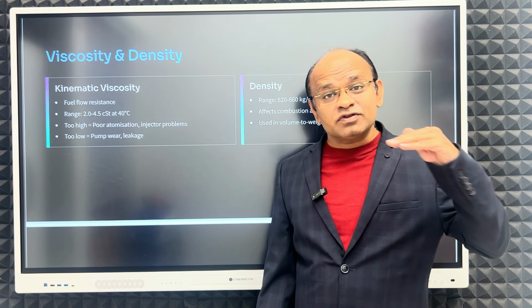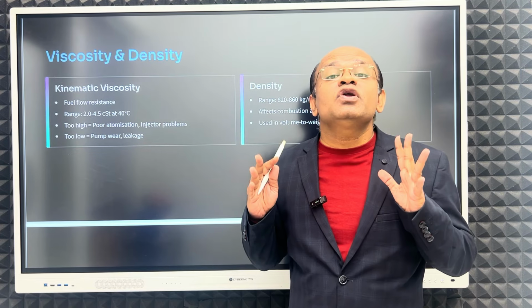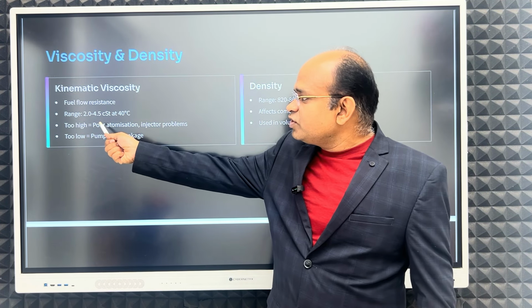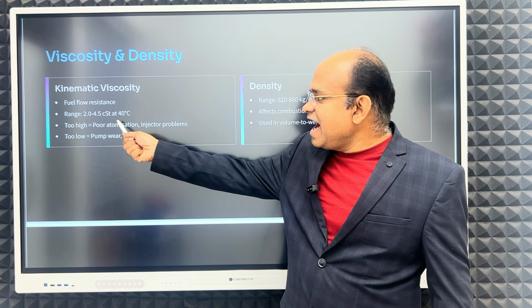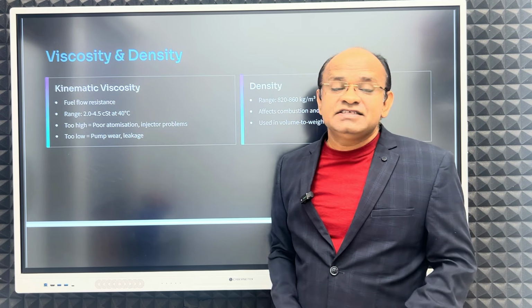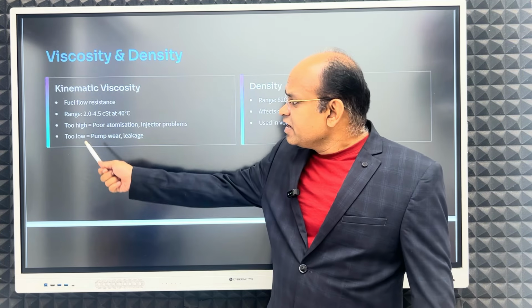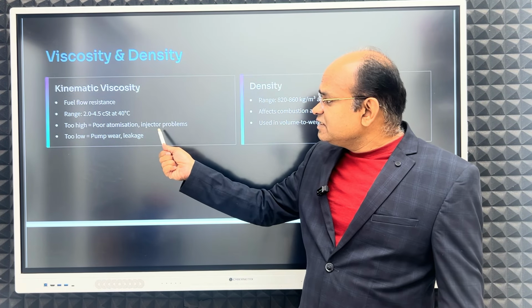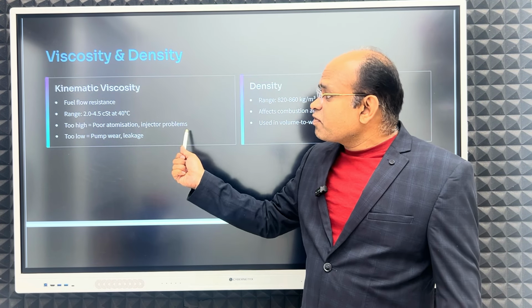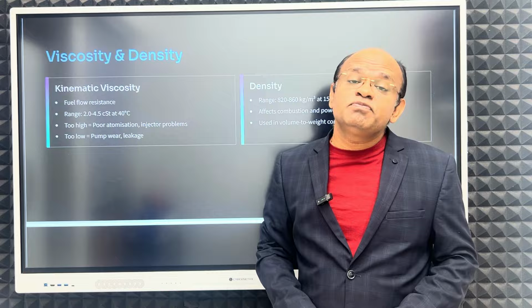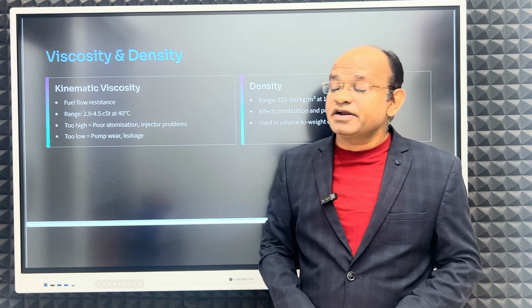Any resistance to the fuel flow depends on the fuel quality. Range 2.0 to 4.5 cSt at 40 degrees Celsius. cSt is the unit for that. Too high viscosity causes poor atomization and injector problems.